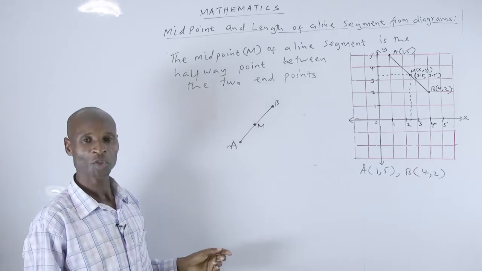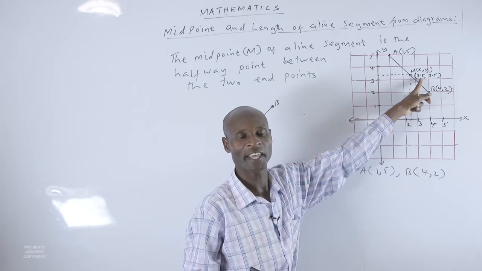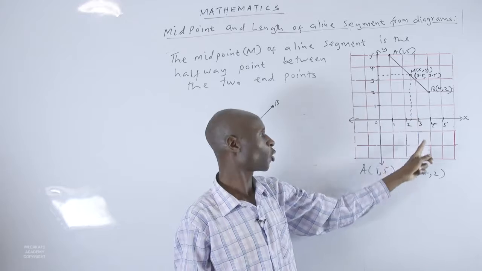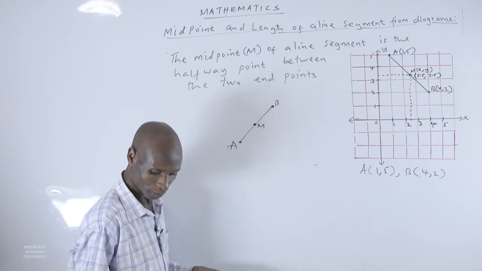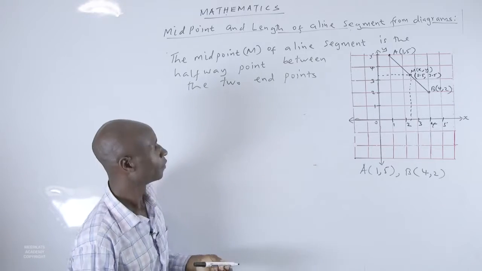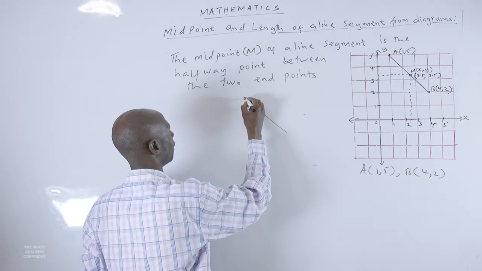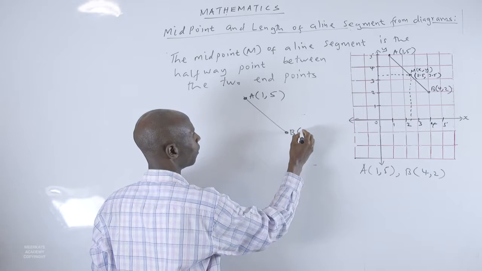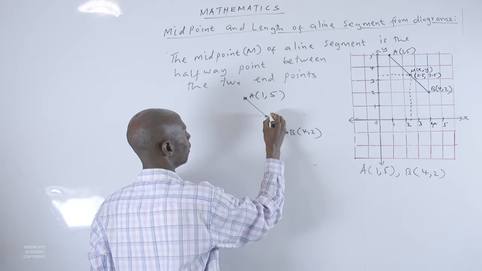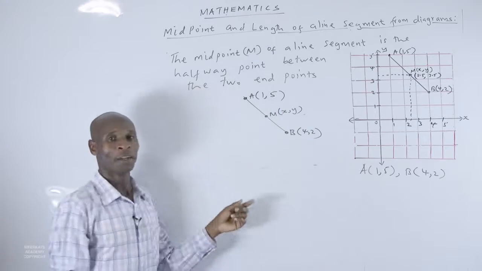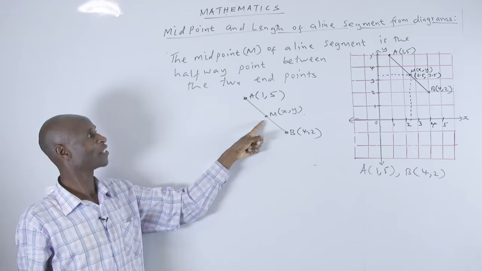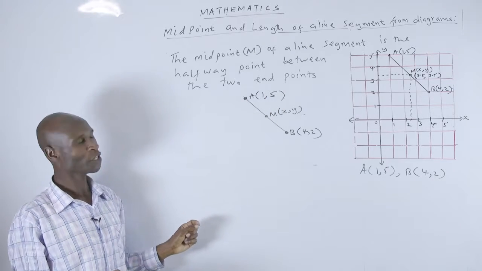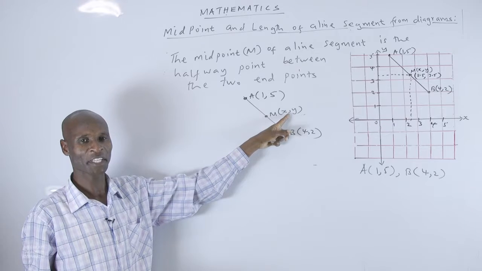So for this case, we need to establish how we can get this 2.5 as the X coordinate for the midpoint using the X coordinate of point A and the X coordinate for point B. Now, to find the midpoint, because it's a halfway point between the two endpoints A and B, we first find the X coordinate for the midpoint.